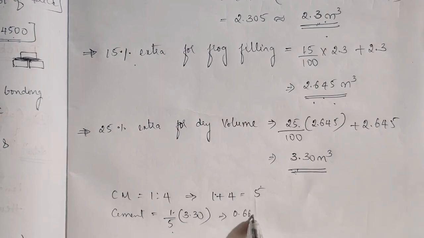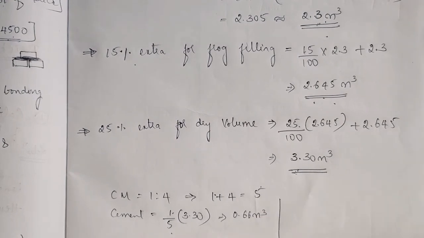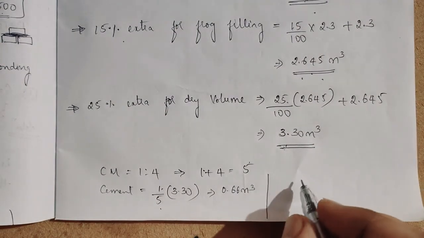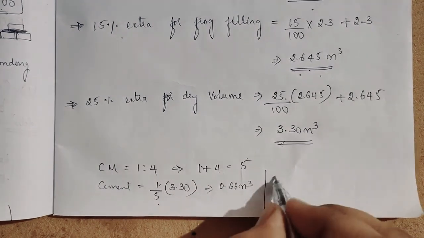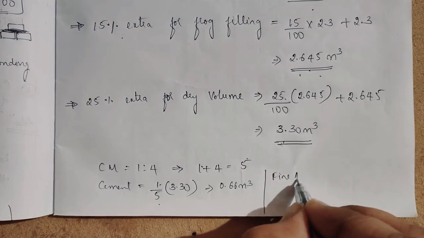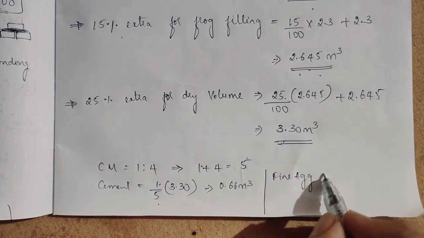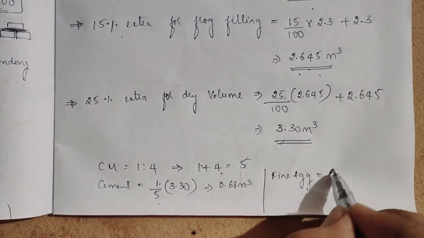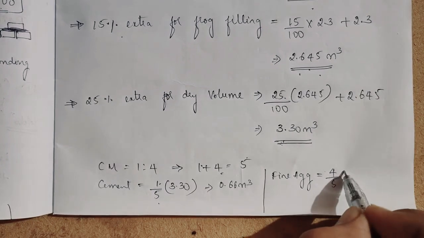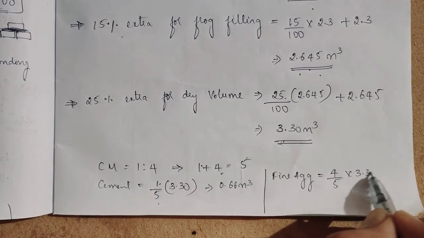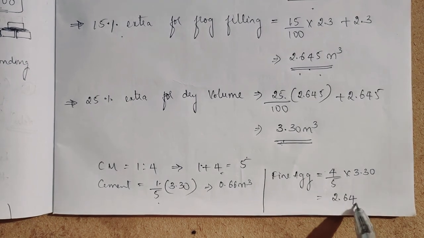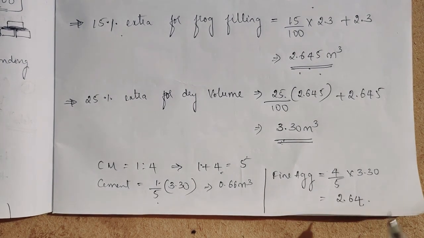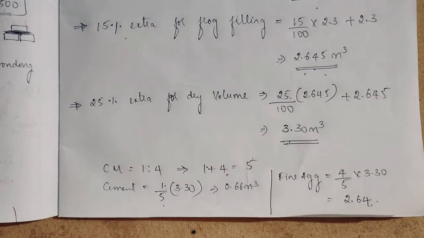It will be 0.66 meter cube. I am just telling how to calculate. Next is fine aggregate. This is 4 divided by 5 into 3.30, it will be 2.64. Okay, just to know how to calculate, I'll do it again in the tabular column on the next page.